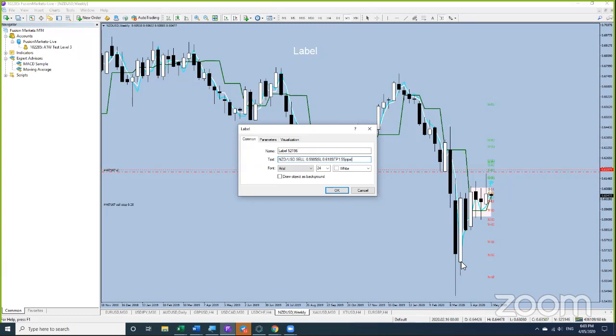I'll put that in. TP2. Can you give me the level of the open of the bullish engulfing bar, please, mate? Sure. Bullish engulfing bar on the weekly.